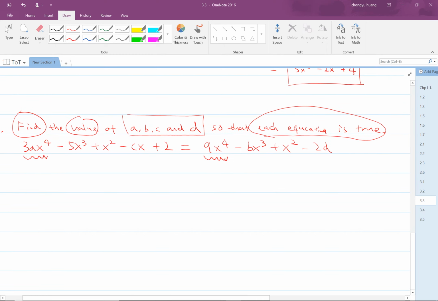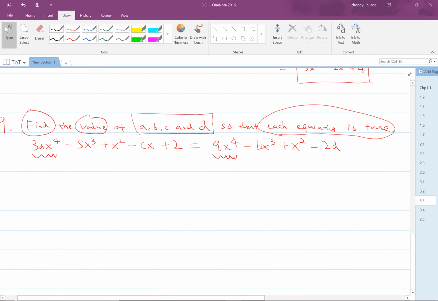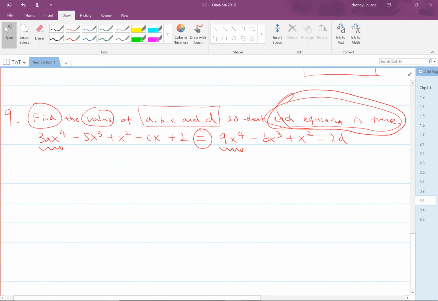Remember the question says we want to make each equation true. So that's why you can see there's an equivalence over here. Let's go back to the point.